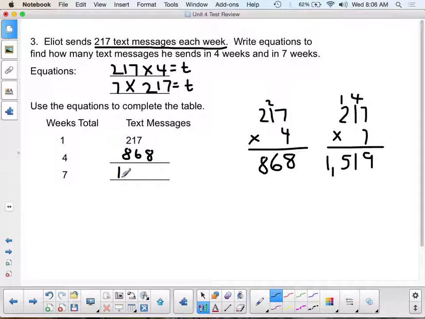So in 7 weeks, he sends out 1,519 text messages. So in this problem, I wrote the equations, and then I figured out how many text messages he sent in 1 week, 4 weeks, and then 7 weeks.